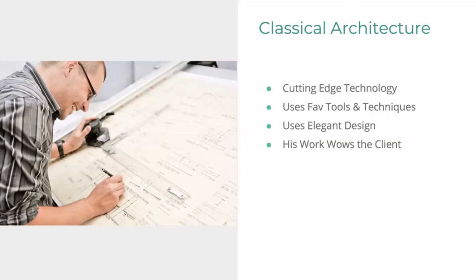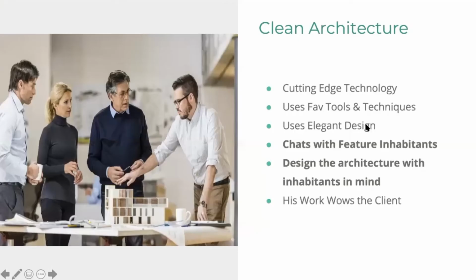Now let's look at the other architect. This architect is the same as the other one in terms of using cutting edge technology, favorite tools, and elegant design. However, he does two things differently as part of his architecture work.